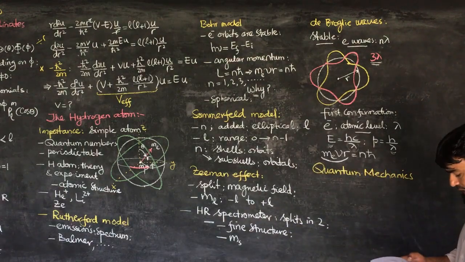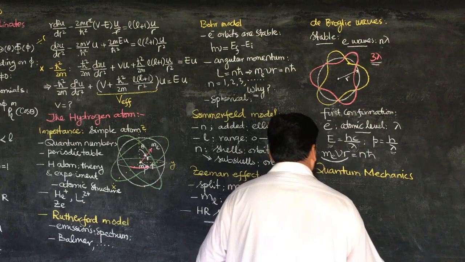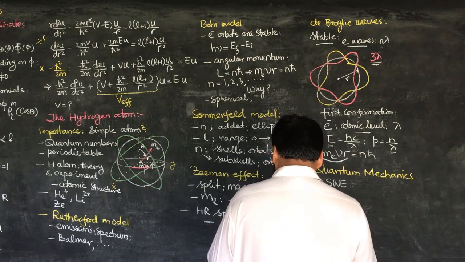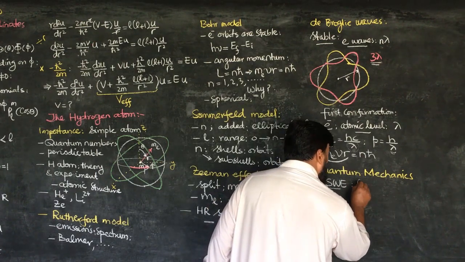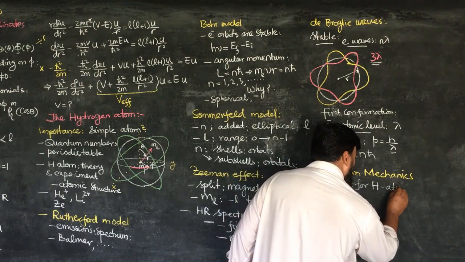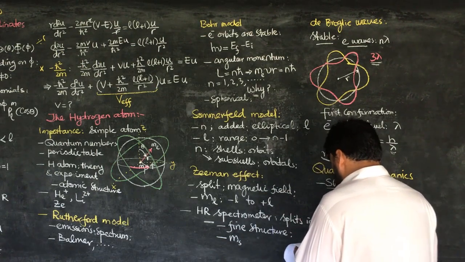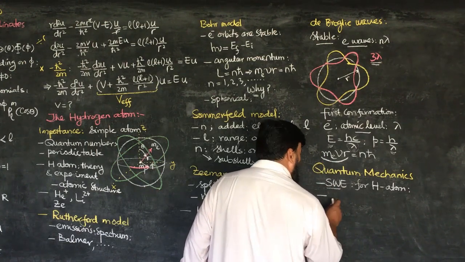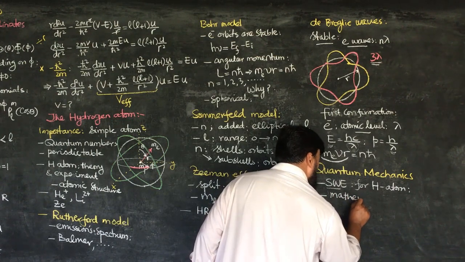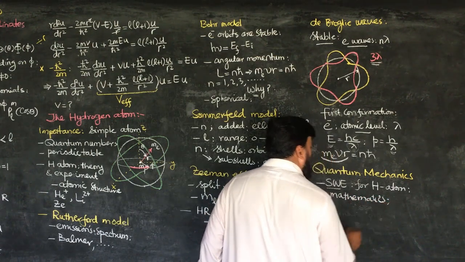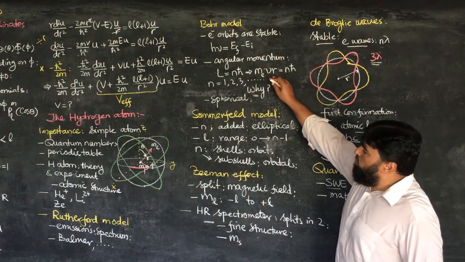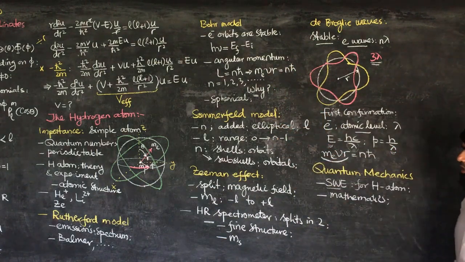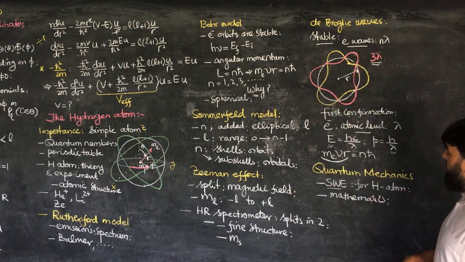To solve the Schrodinger wave equation for the hydrogen atom, the significance was that this equation was solved with only mathematics, without any assumptions like the Rutherford assumptions, the Bohr assumption, or the Sommerfeld assumption, which are the different modifications to the Bohr model.